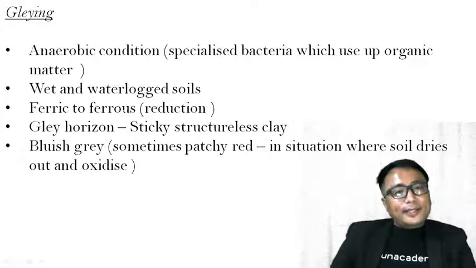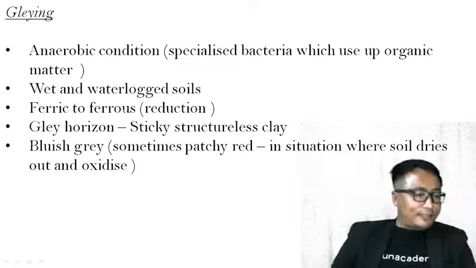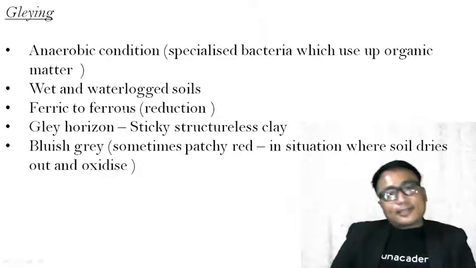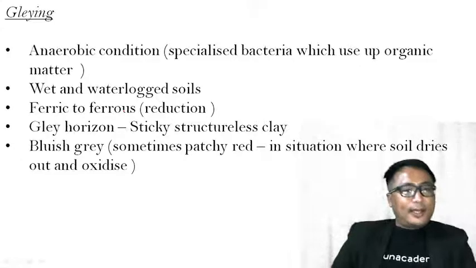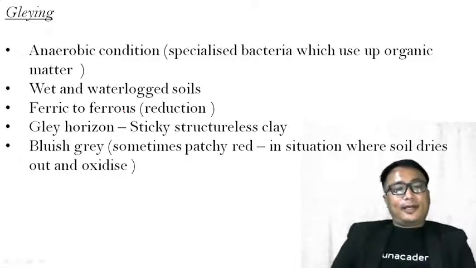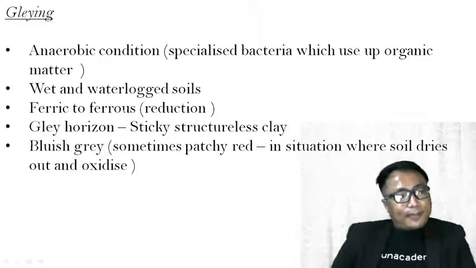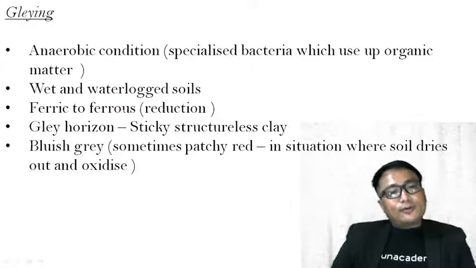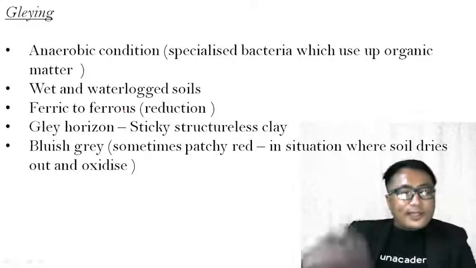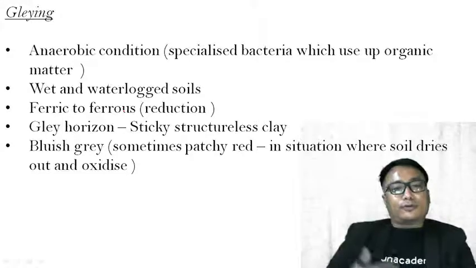In this condition, the chemical process that happens in the soil is reduction. Take the example of iron. Iron will turn from ferric, the oxidized form, to ferrous, the reduced form. If oxidation takes place, iron turns into ferric oxide, but if there is reduction, it turns into ferrous oxide.